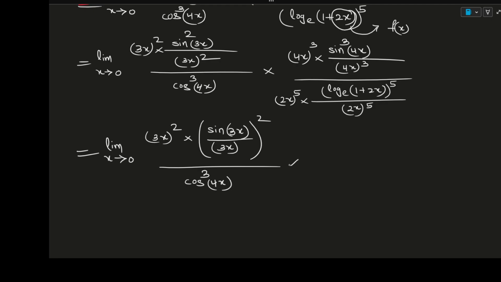One thing you can observe here is that I am not doing anything with this function. Why? Because when x tends to 0, this function will give me a non-zero value. So I don't have any issue with this function. You can clearly see that when x tends to 0, this function will tend to 1.